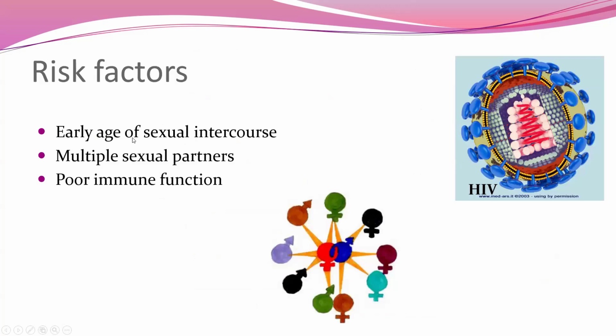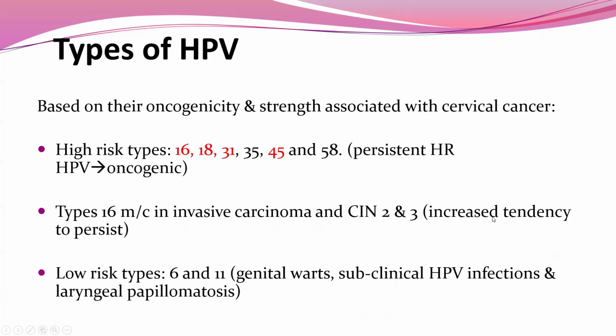Risk factors: early age of sexual intercourse, multiple sexual partners, poor immune function, poor hygiene. Types of HPV: based on their oncogenicity and strength of association with cervical cancers, we classify them as high risk: 16, 18, 31, 45, 35, 50.